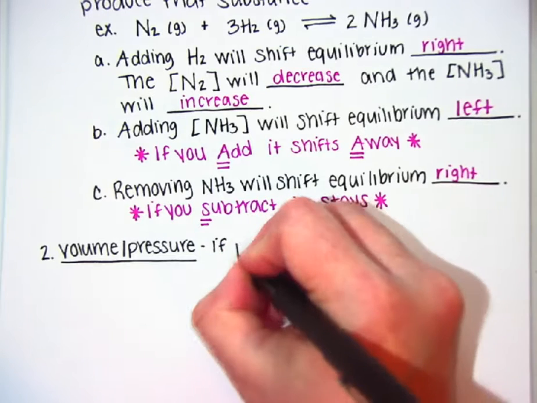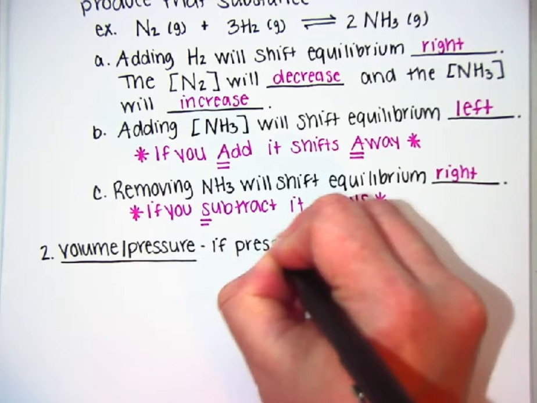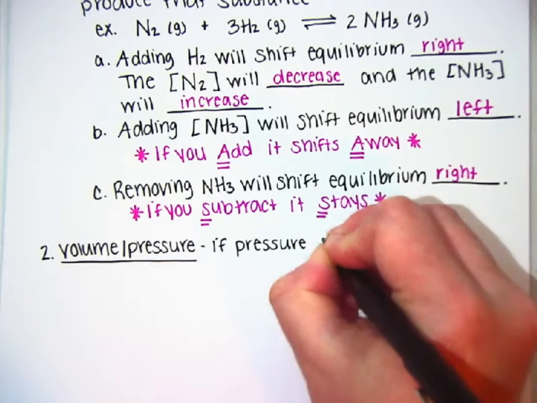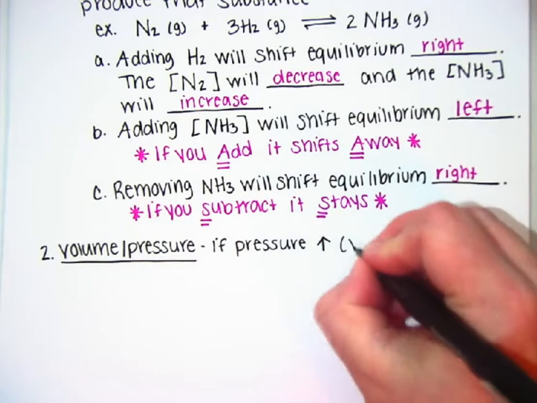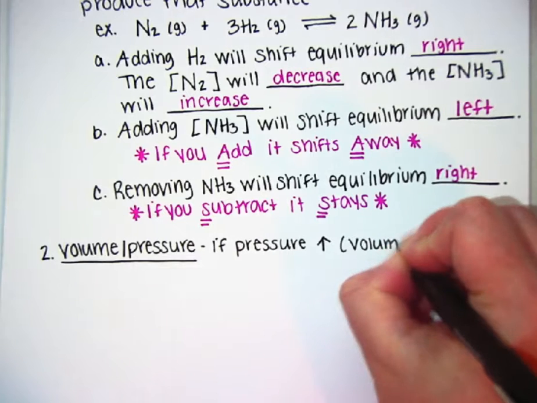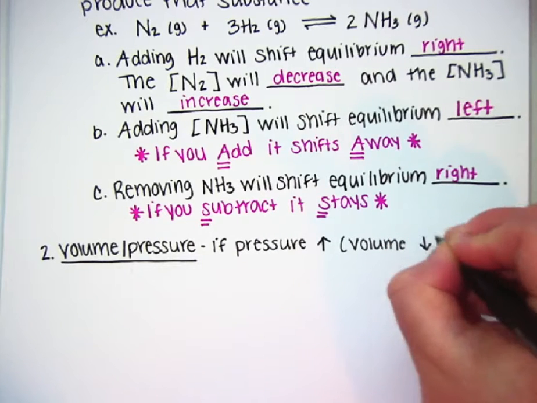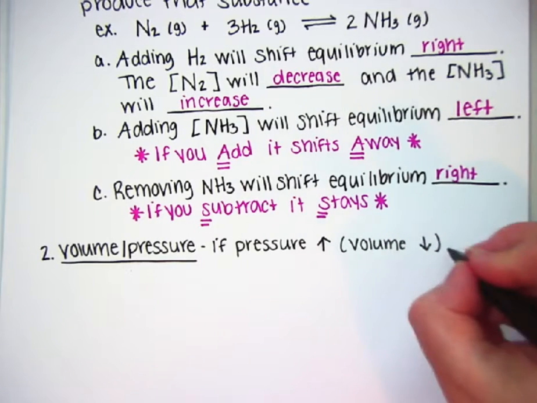Let's say pressure increases. And remember, pressure and volume are inversely related. So if pressure increases, volume decreases.